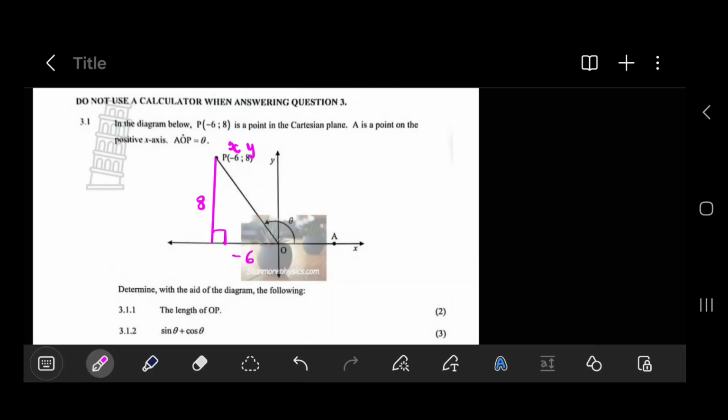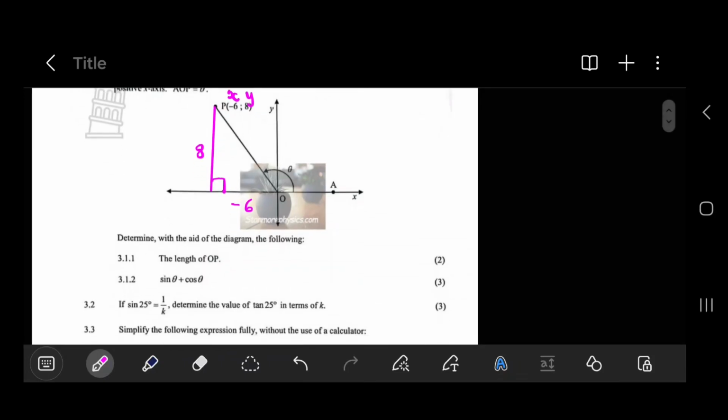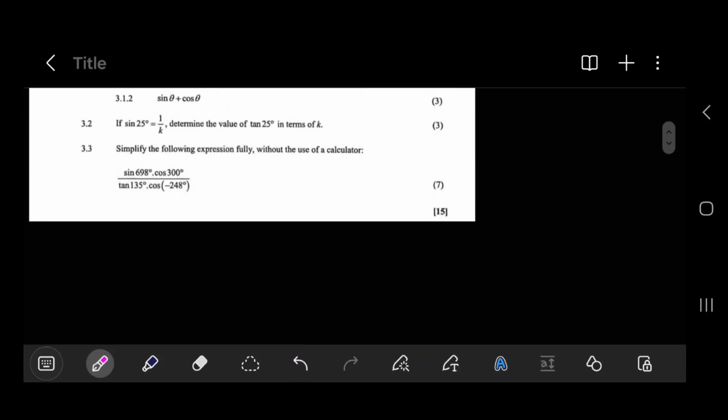And before we can answer any of the questions, we need to make sure that we have all three sides, and to do that, we can use the theorem of Pythagoras. But also, if you look at 3.1.1, that is the first question. The hypotenuse here is OP, because it goes from the origin up to point P, so they're calling it OP, and they want the length. So we're going to use the theorem of Pythagoras to answer that.